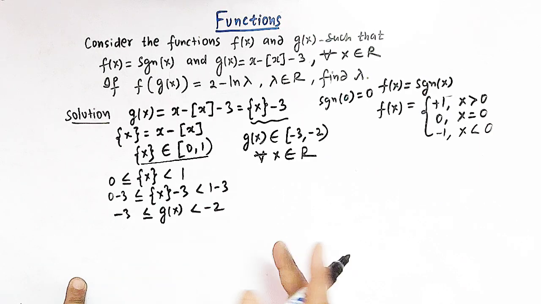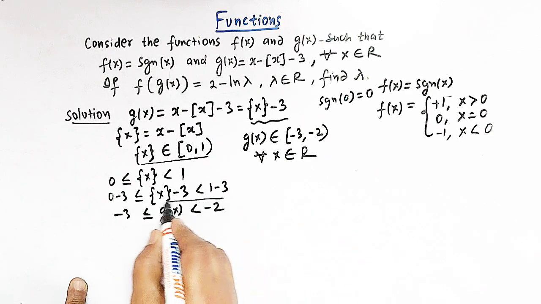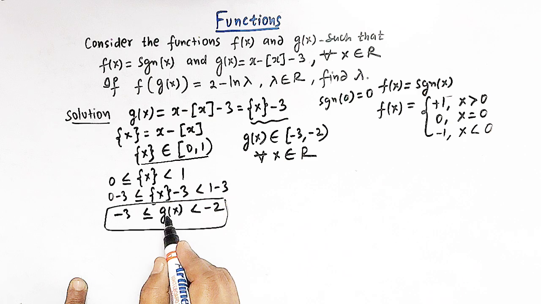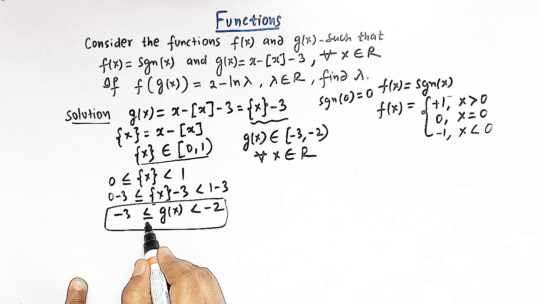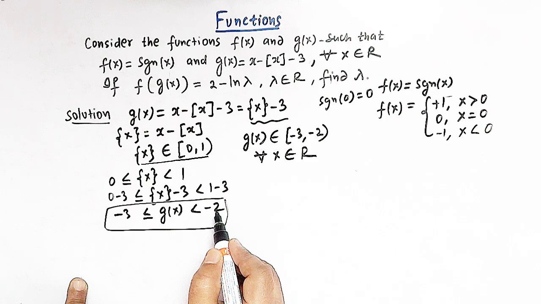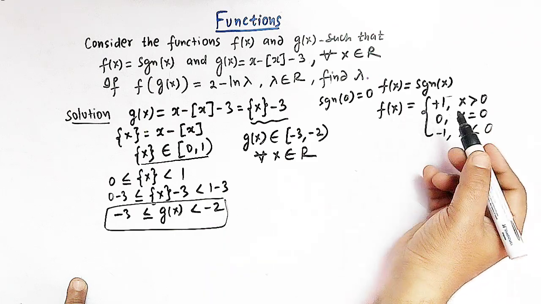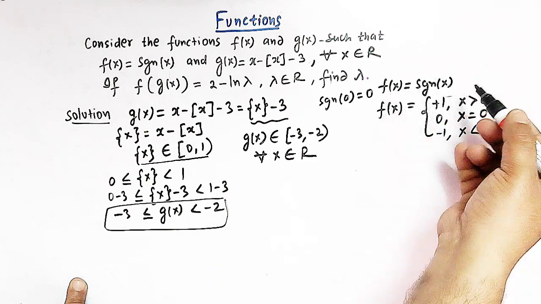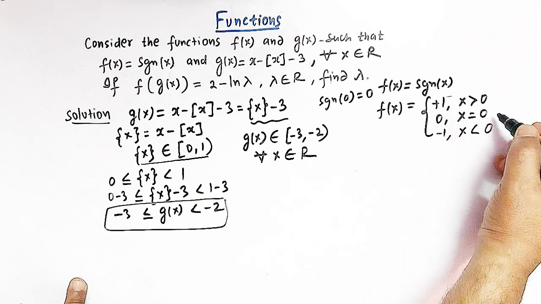So far we have obtained the inequality that g of x is greater than or equal to minus 3 and less than minus 2, and we have defined f of x, the signum function.